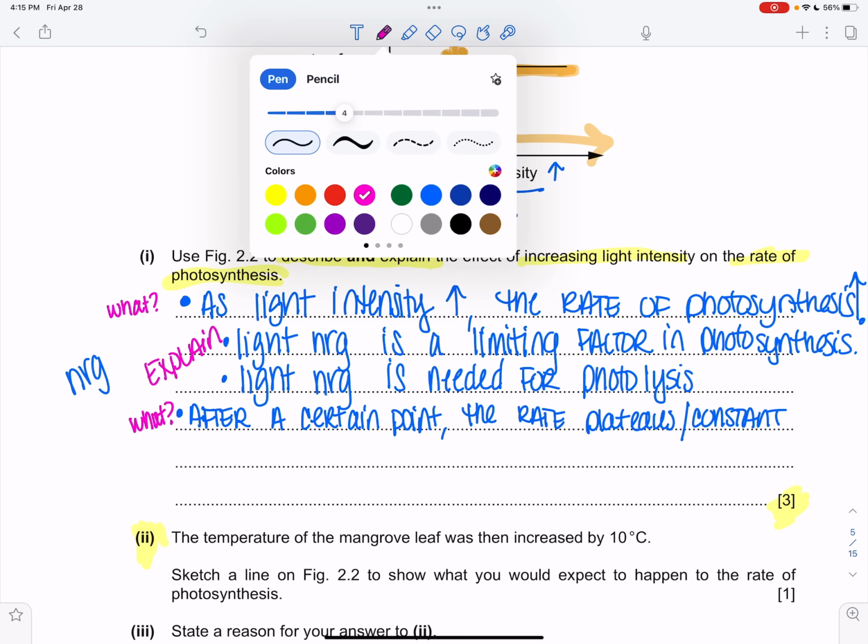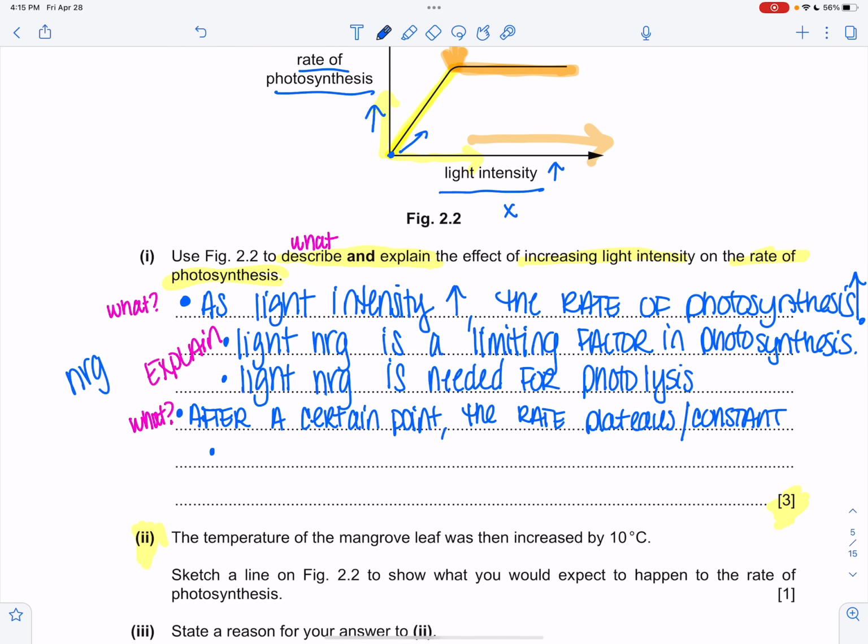And then we need to go back to the explain, the why. So an easy thing to say is that another factor is limiting. You can actually say that for all of these except for temperature, because with temperature, as the temperature increases past the optimum, we start to denature enzymes. And so it's not that there's not enough nutrients.